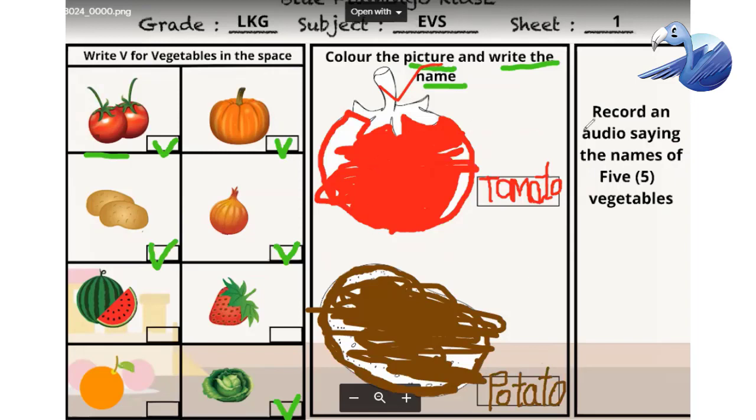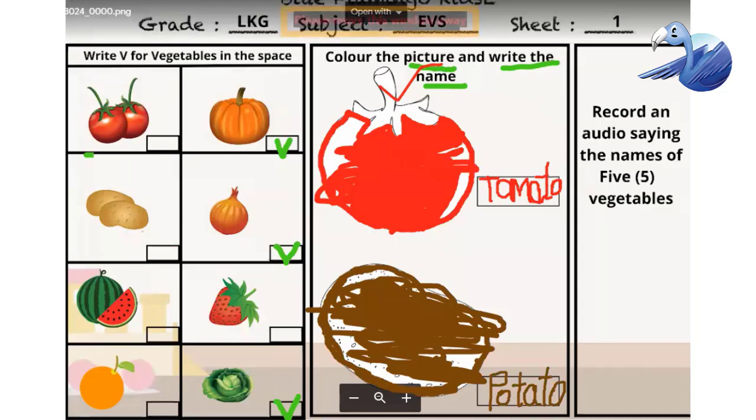Like this, students, you have to first color the picture, then write its name in the box. And you have to record an audio saying 5 vegetable names, and send it to us in the WhatsApp group.